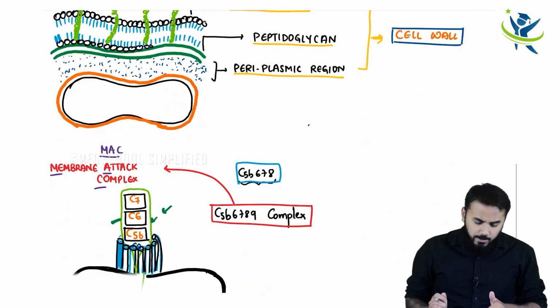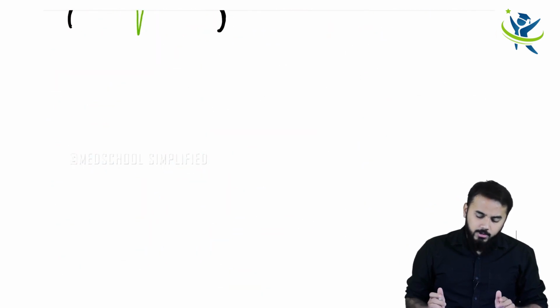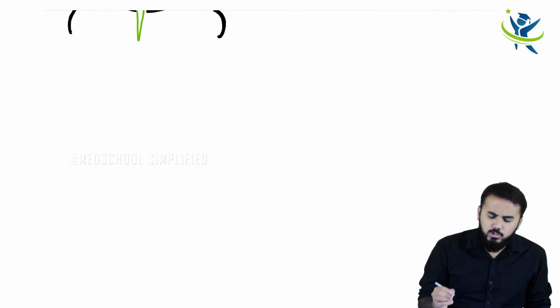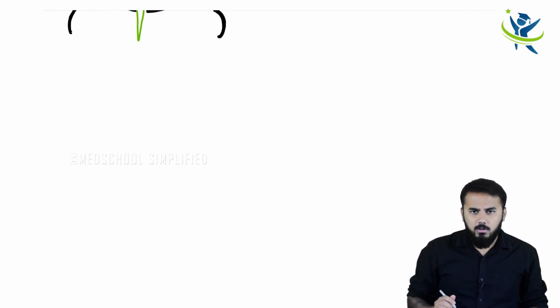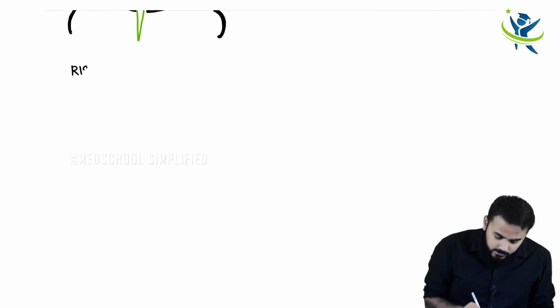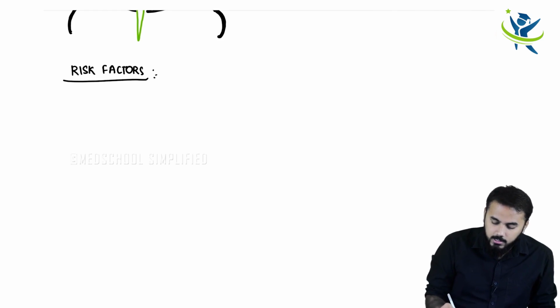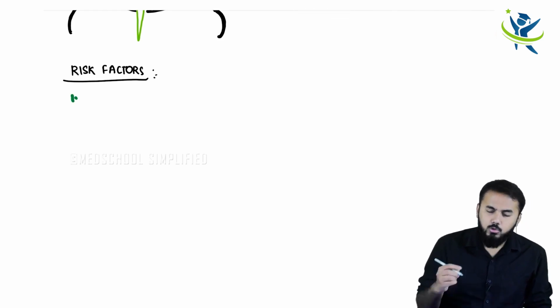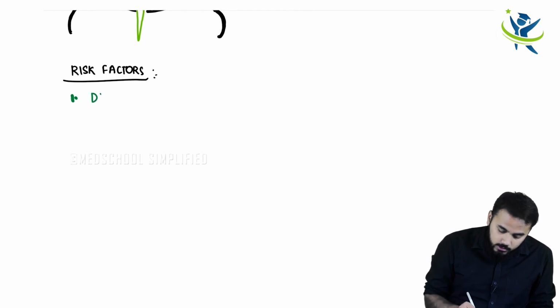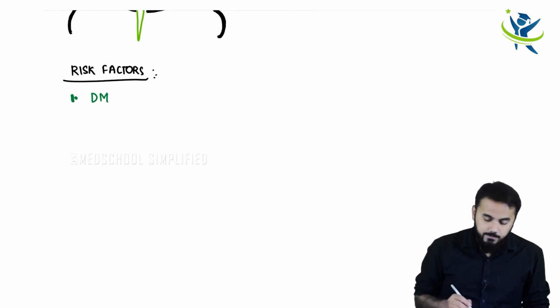Now coming to another important thing, what are the risk factors? Which group of people are more commonly involved? The risk factors are, let us say, those group of people who are diabetic, so patients with diabetes mellitus.